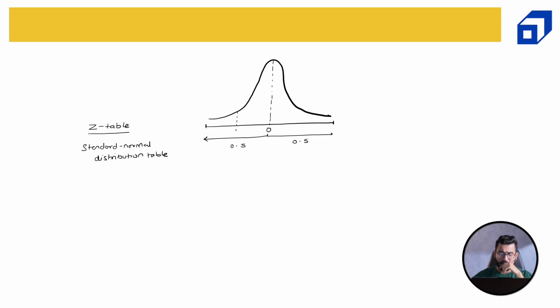If I ask you what is the probability that a data point will lie below this point, using the z value, let's say the z value over here is -1, using the z-table we can find this probability, which is the area under the curve.